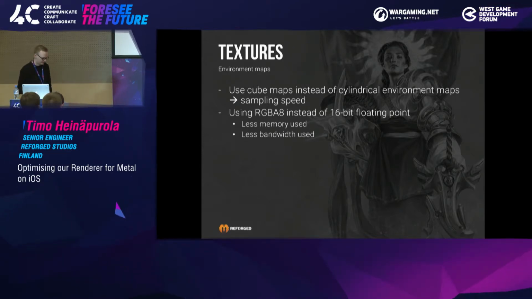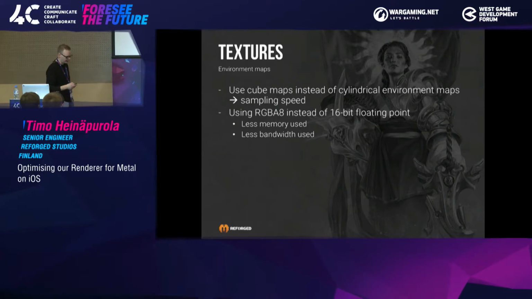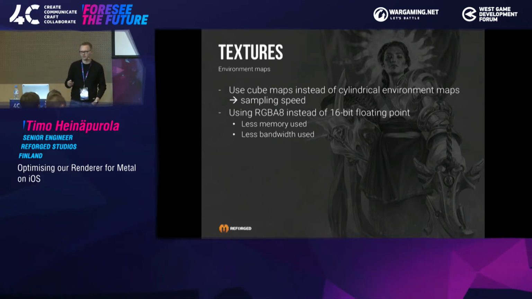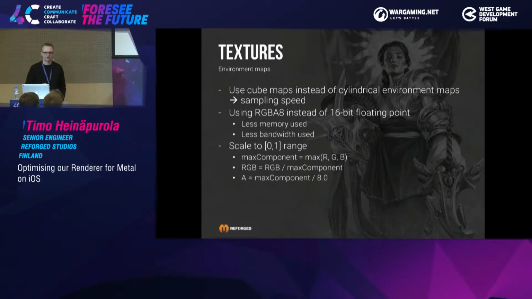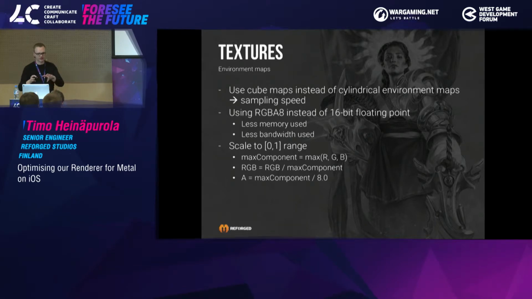The way we do this is that we use what's called an RGBM format, or a slight variation of that. So we scale the color values to range 0 and 1, but we select the maximum component, then we use that to scale the value.